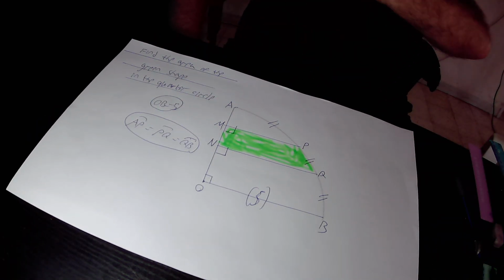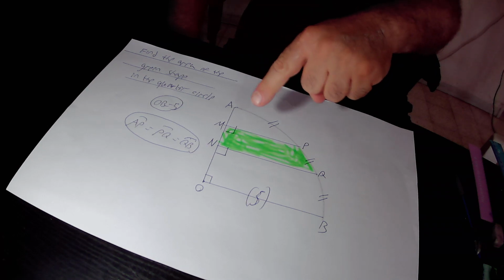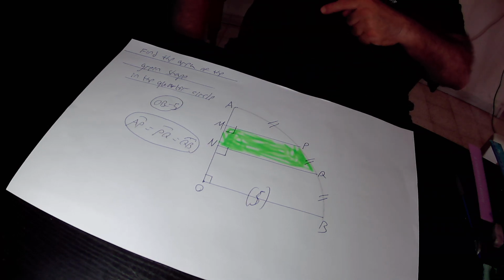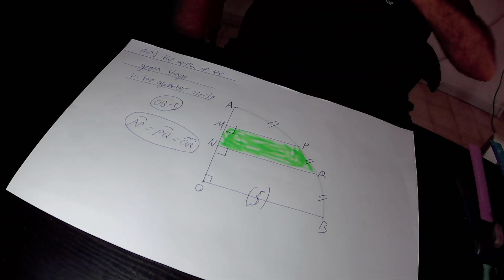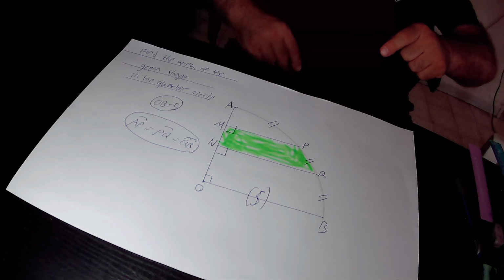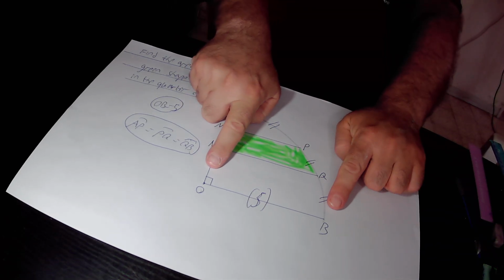Our mission in this second question is to find out the area of this green shape. So, in the drawing we have a quarter circle AOB. We know that side OB equals 5 units in length. That is to say, the radius of this quarter circle is equal to 5.